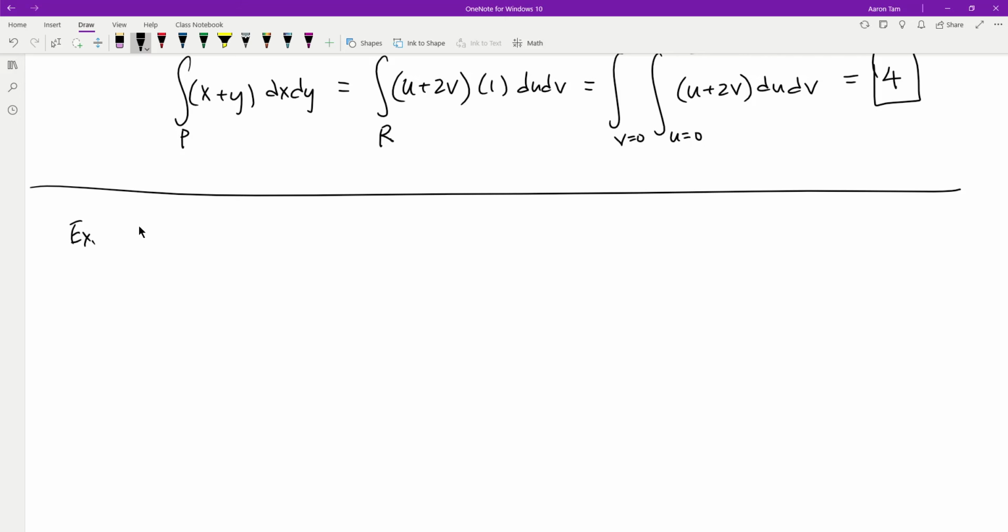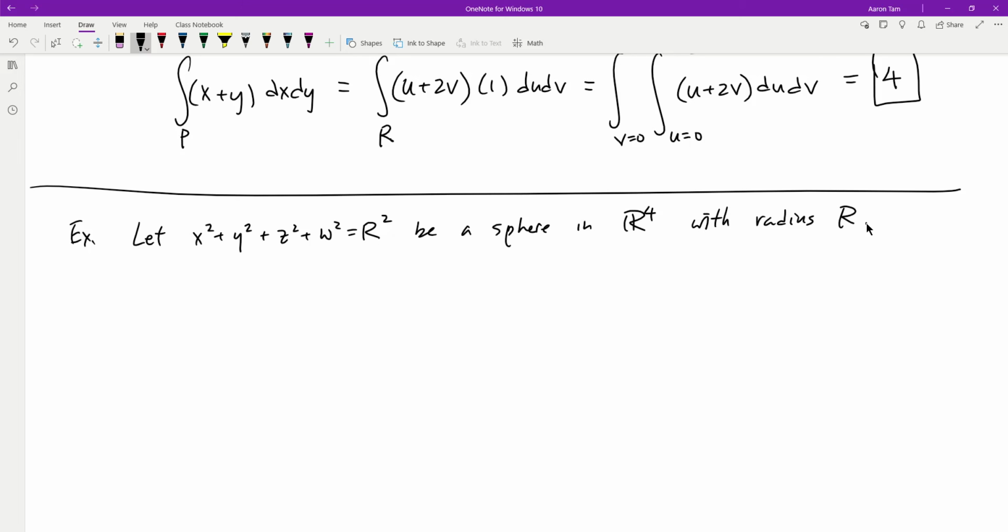So here's how to define a sphere in R4. Let x squared plus y squared plus z squared plus w squared equal capital R squared be a sphere in R4 with radius capital R. Okay, so we don't know what R is.